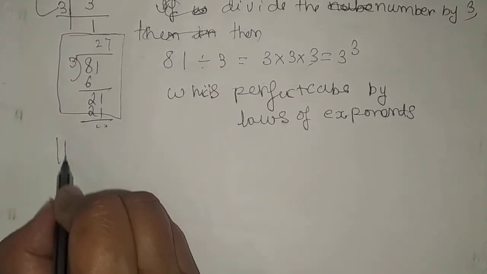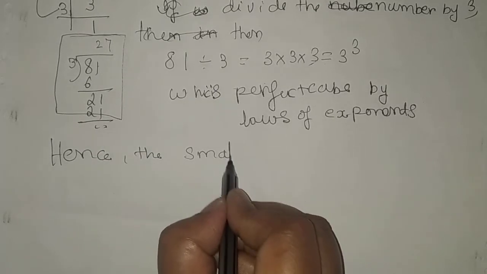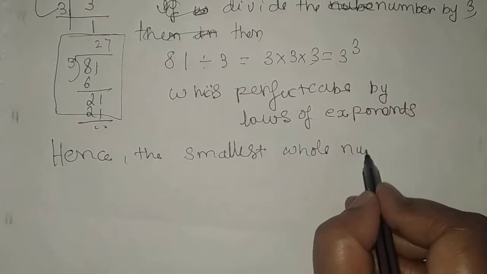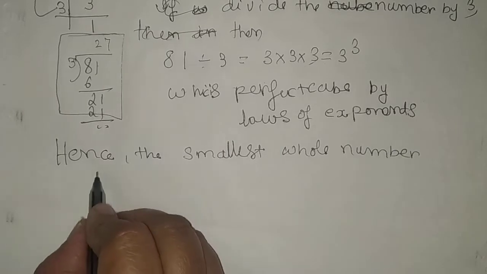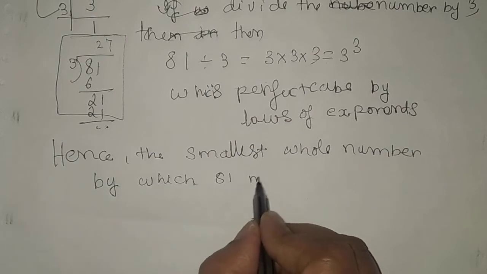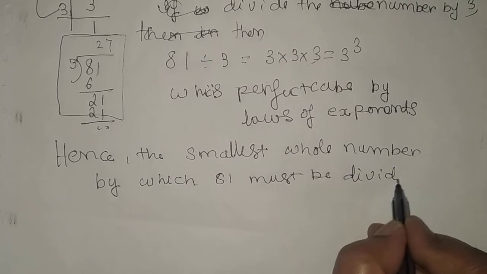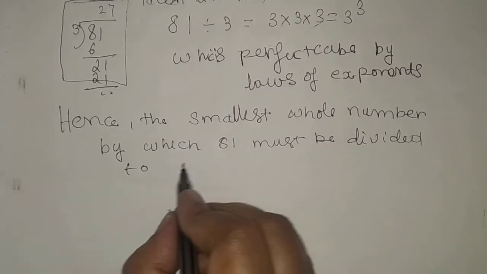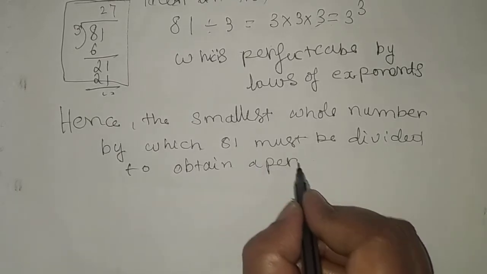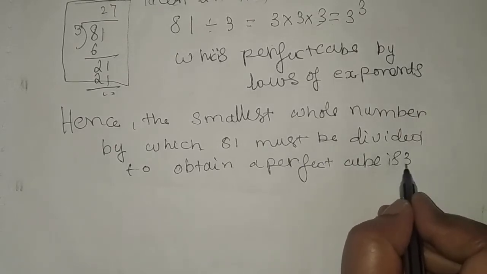Finally, what do we write? Hence the smallest whole number by which 81 must be divided to obtain a perfect cube is 3.